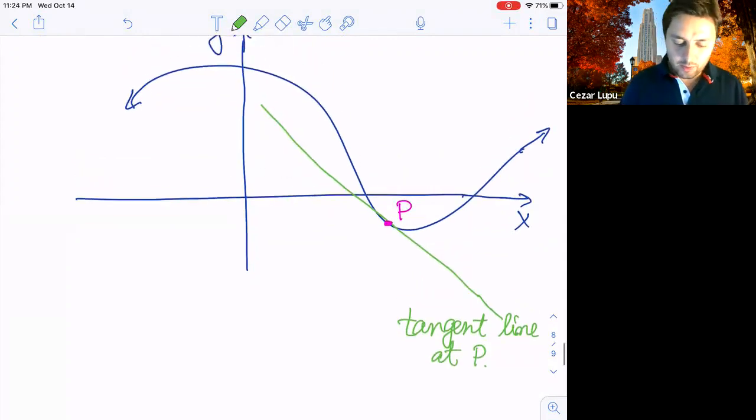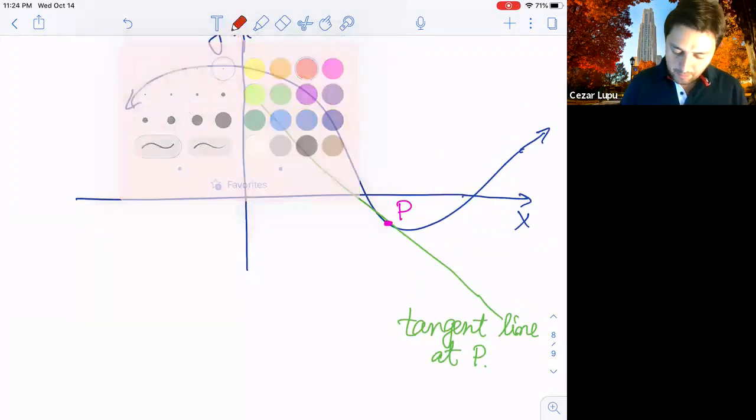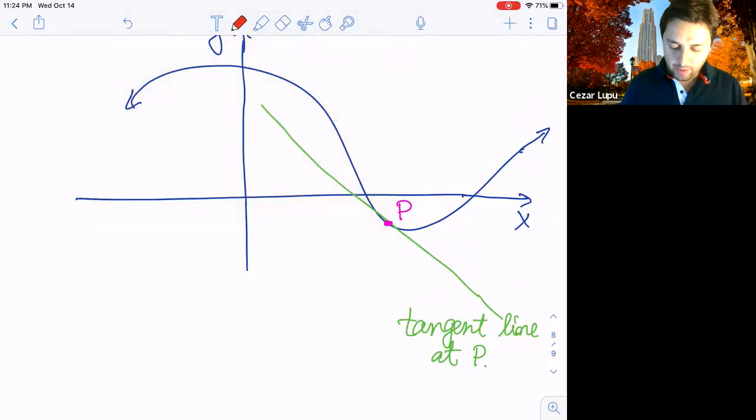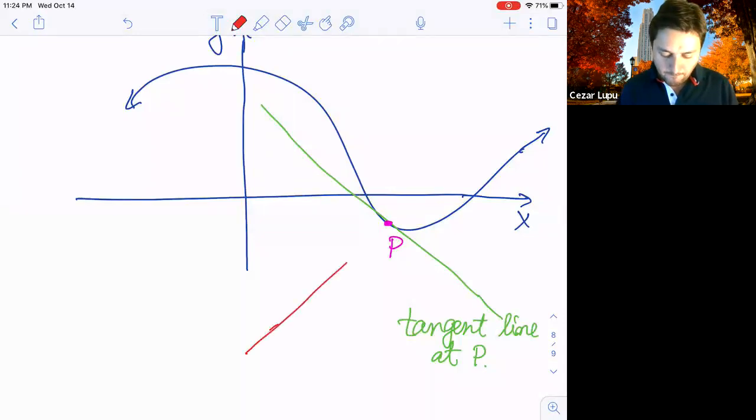And now I'm going to draw the normal line that will pass through P. It will be perpendicular, so it goes like this.